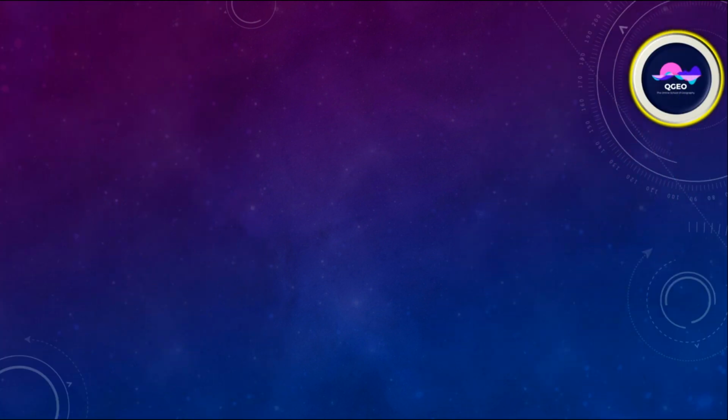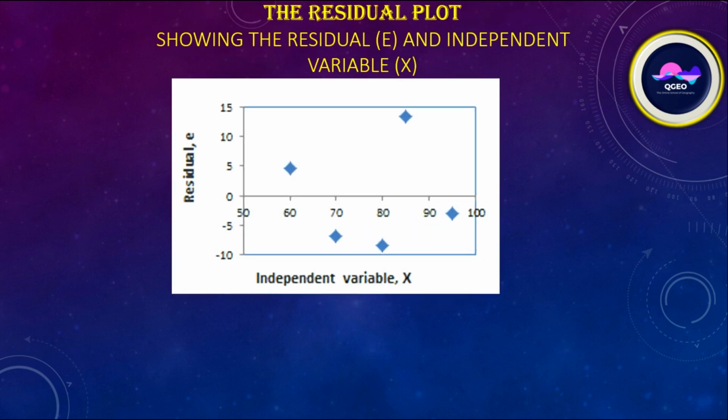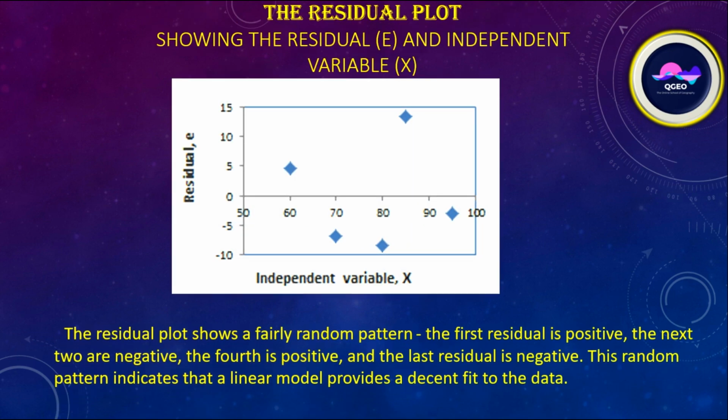predict what type of pattern this is. Here x values are 50, 60, 70, 80, 90 and 100, and the E values that we calculated in the last column. Here first, second, third, fourth, fifth.